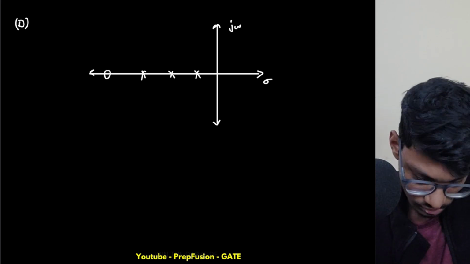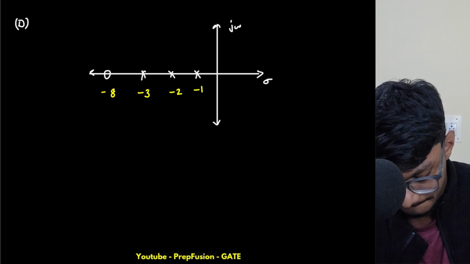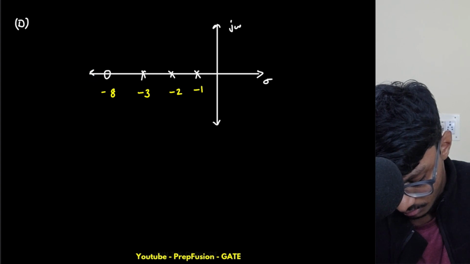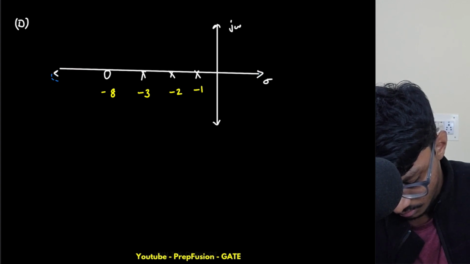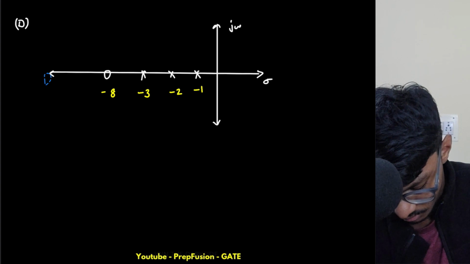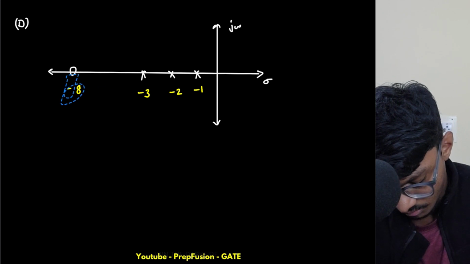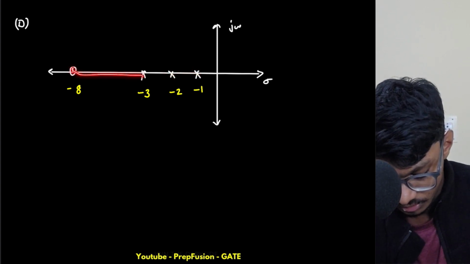So -1, -2, -3, -8. Basically what I can say is these two will join together and break away.